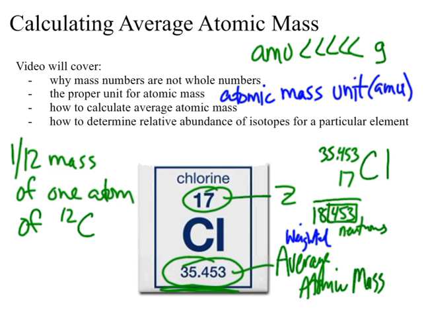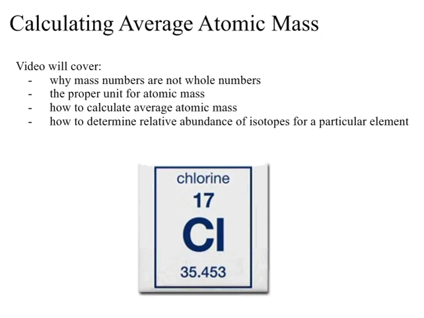Okay, now to calculate our average atomic mass, in order to calculate this value, how do I get that? There are two things that you need. Okay, let me go ahead and clear the board here real quick. So hopefully you got it all down. All right, the stuff that you need: the mass of each isotope, right?